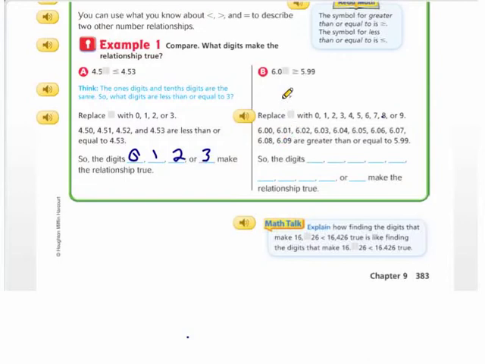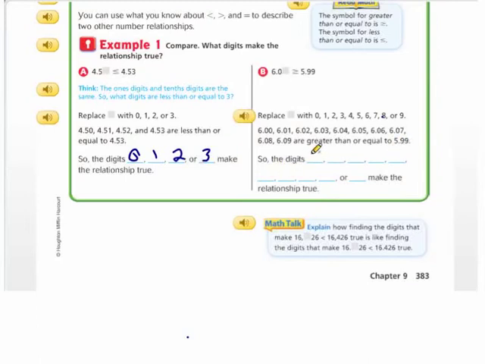Because we know that 6 is greater than 5 and 99 hundredths. 6 and 1 hundredths is greater than 599, 602, 603 hundredths, 604 hundredths, 6 and 5 hundredths, 6 and 6 hundredths, 6 and 7 hundredths, and so on are greater than or equal to 5 and 99 hundredths.